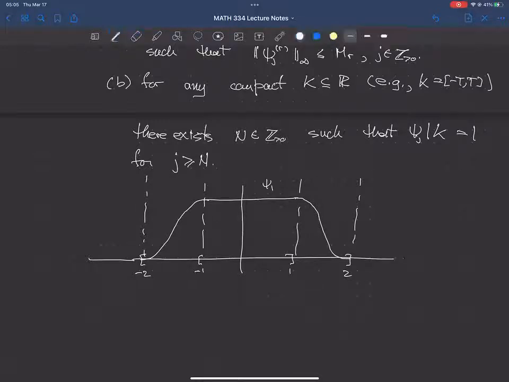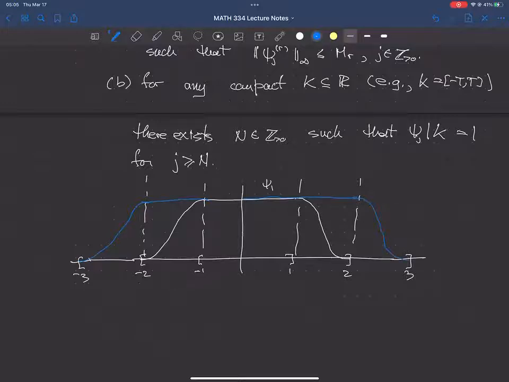And then psi 2, which I'll draw in blue. Okay, so psi 2 would be identically 1 from -2 to 2. And again, it has to be in D, so I'm going to do this to it.